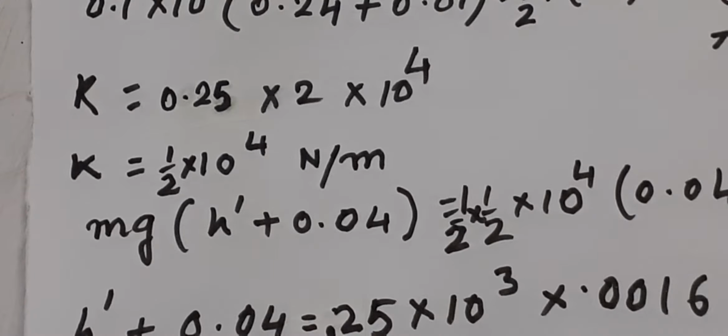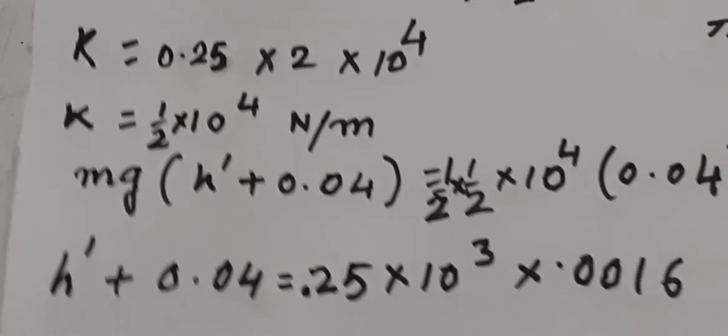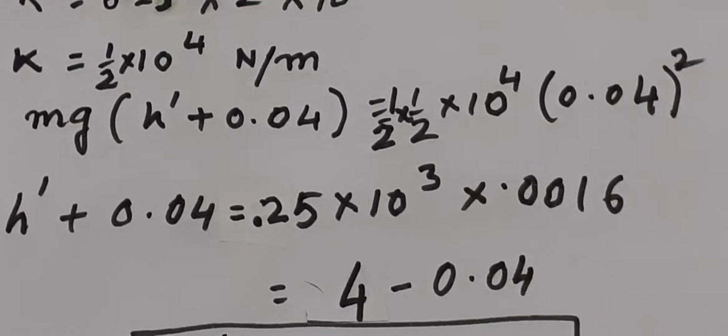Now the question is from what height it should be released on the pan so that it will compress the spring by 0.04 meter.